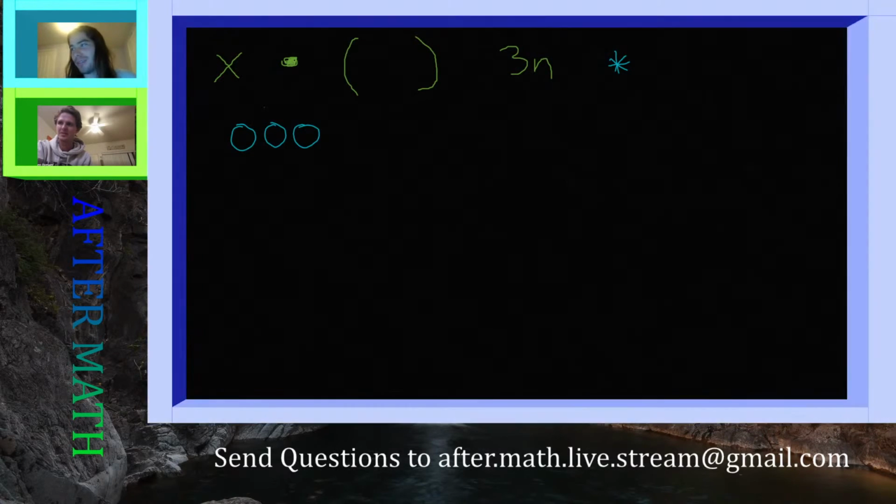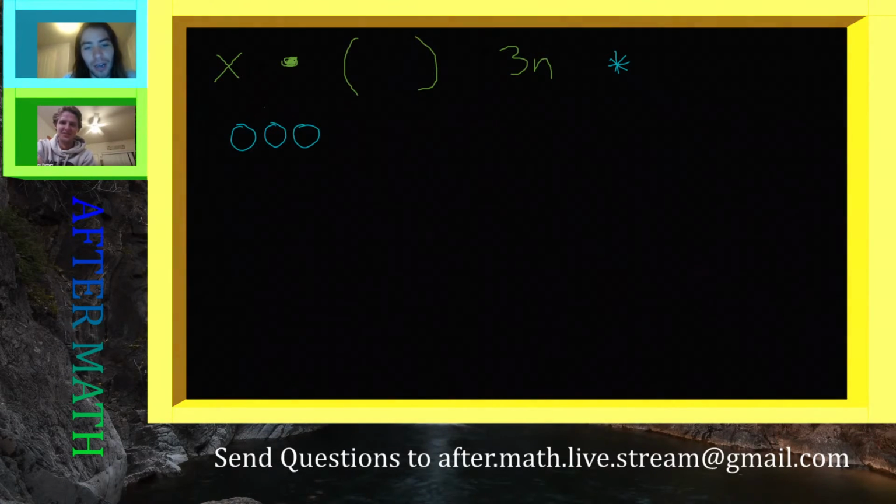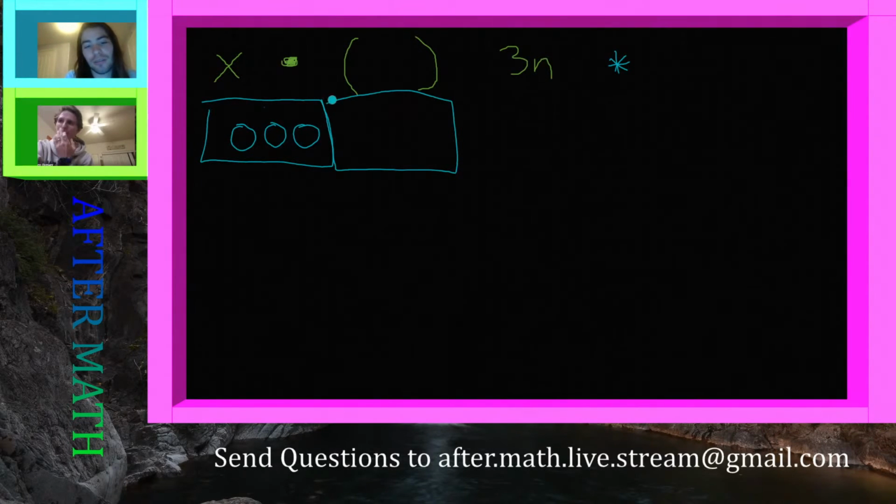We're only gonna care about me. I'm gonna change this up a little bit. There is a box of 3 circles, okay? And there's a whole bunch of these boxes of 3 circles.